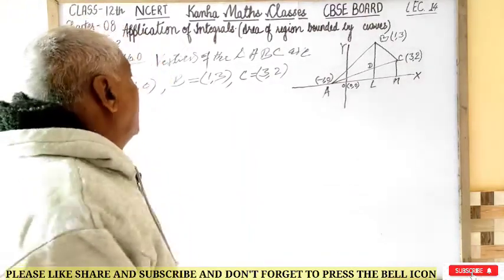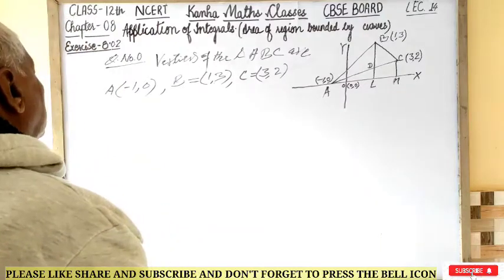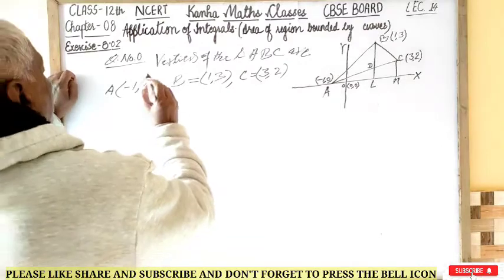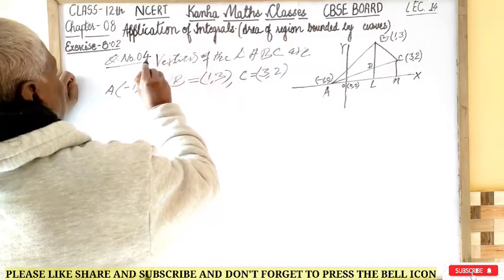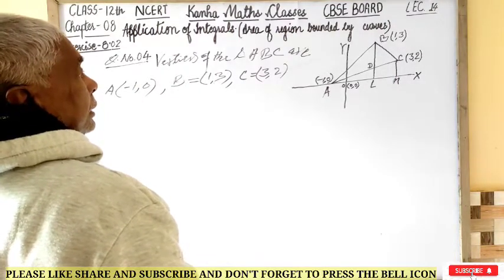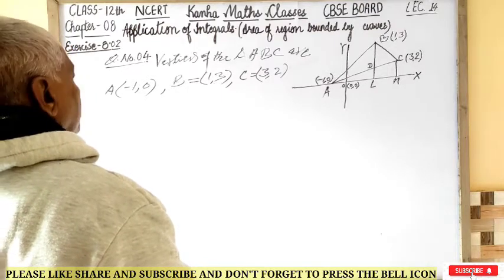Here, in the same sequence, same exercise, we are trying to find the value of the region bounded by the vertices of triangle ABC under question number 4.